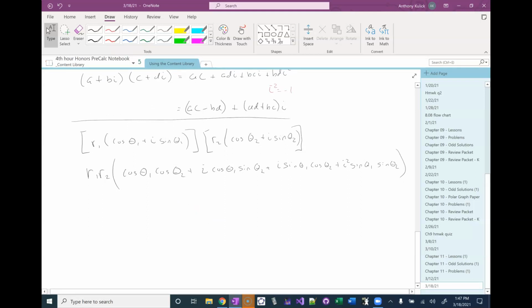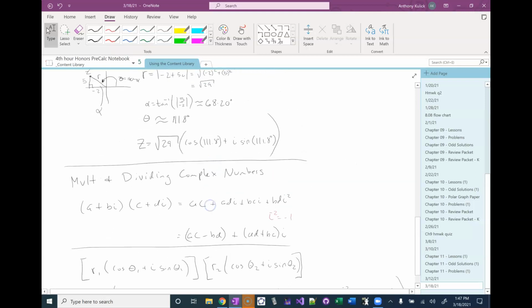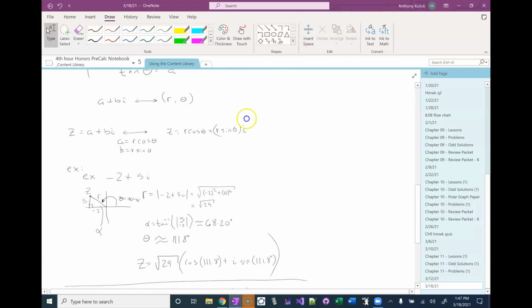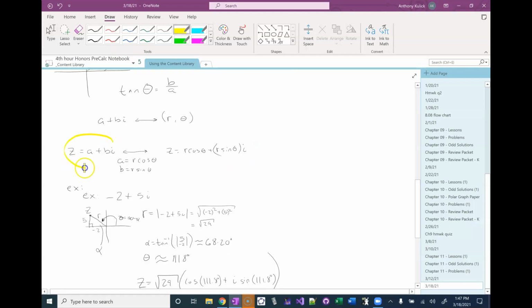So you make the a and the c and the b and the d into cosines and sines? Remember how we said there were two ways to represent a complex number? I'm just doing the same thing with the trigonometric representation. That's what this one is.